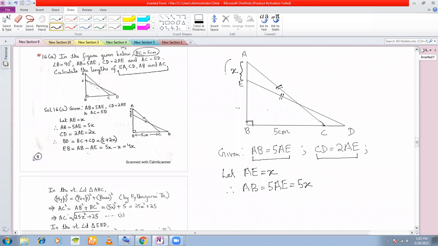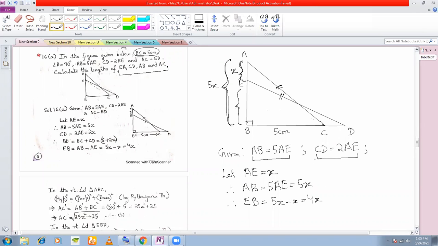So AB, this entire length here is how much? 5X. So if you know this length and if you know this length, then how much is this length? 5X minus X, right? So therefore, EB must be equal to 5X minus X, which is equal to 4X.